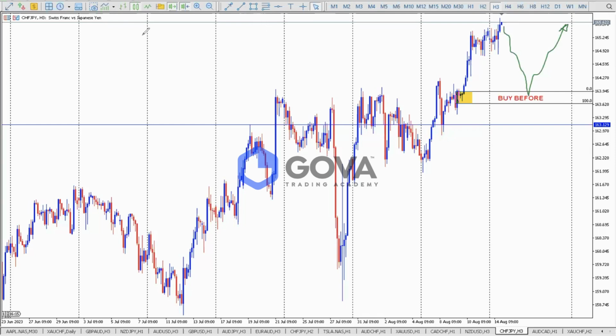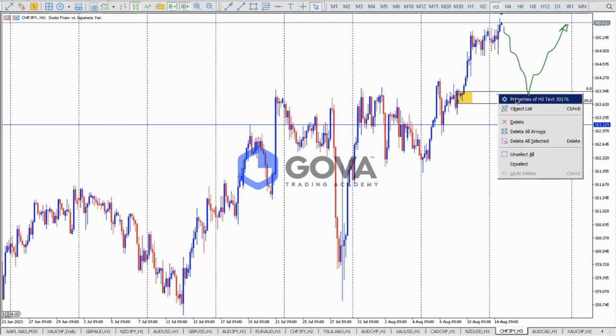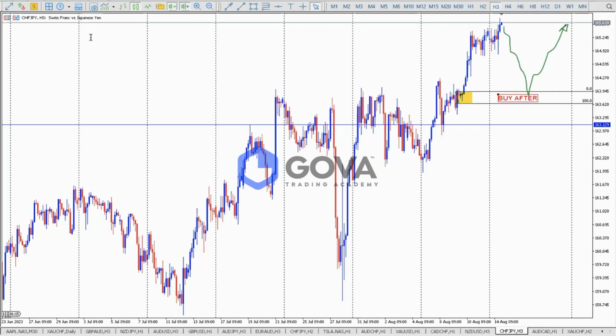After price has rallied up, you go back and change "before" to "after", since the trade has already worked out. But since the trade has not yet worked out, you leave it as "before". So that is how I usually do it.